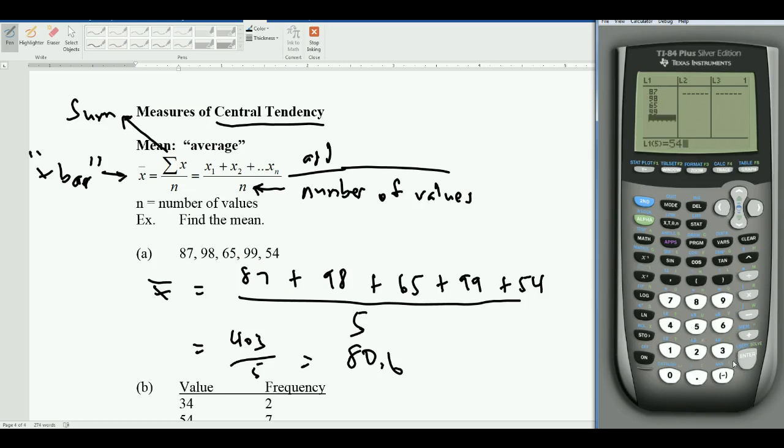And 54, enter. Then I'm going to hit second mode, which is the quit button. Takes me to a plain screen. Going to hit stat. Going to go over to calc. Leave it on the one var stats. That's one variable statistics. Hit enter. That will pop up. Hit enter again. And you see the X bar 80.6. So something just to be aware of. Use it if you want.